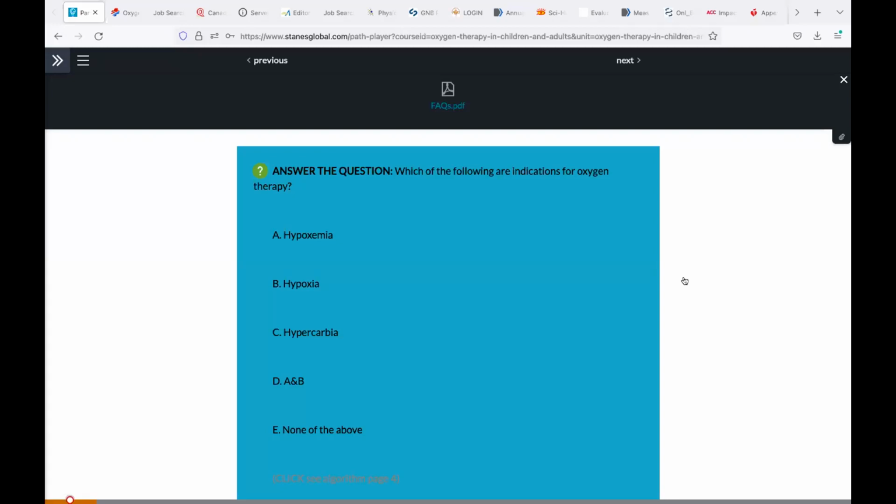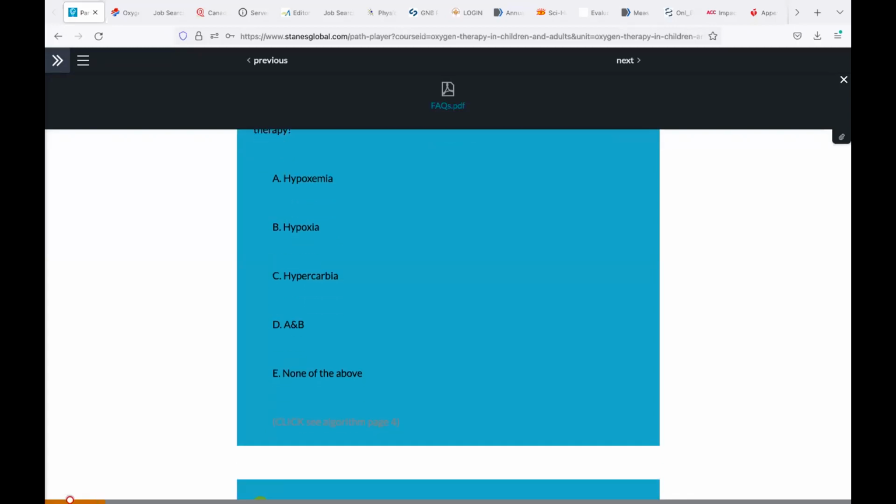For example, if someone has an overdose of opioids, you may consider treating that. That's just one example. Or if someone has COPD, you may consider giving bronchodilators, treating the cause. So oxygen therapy will not be the answer for hypercarbia. Okay, very good.